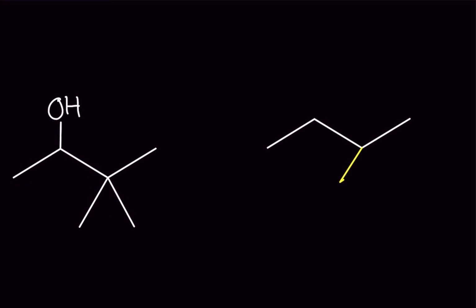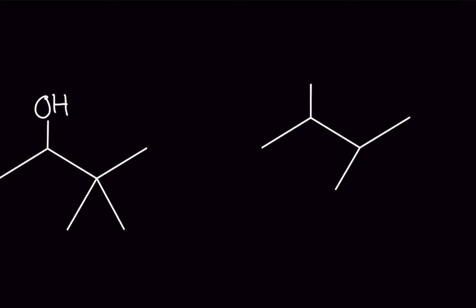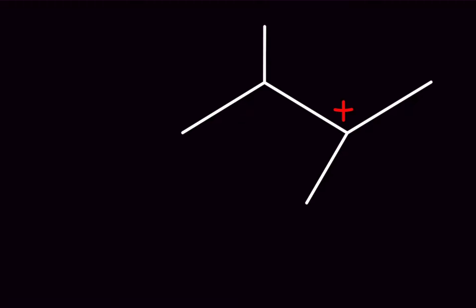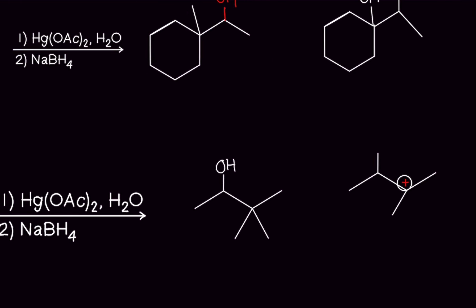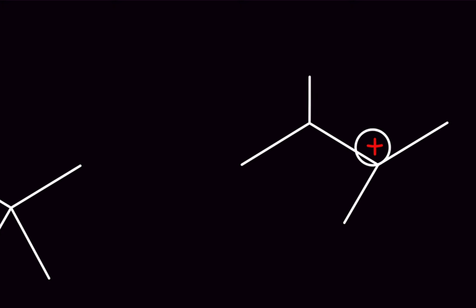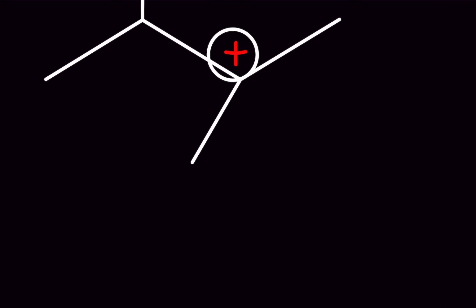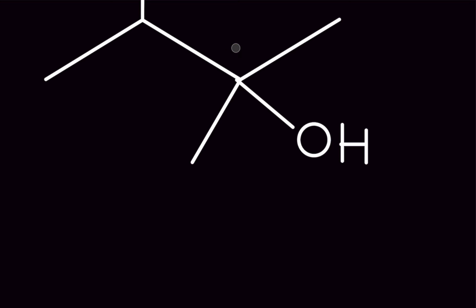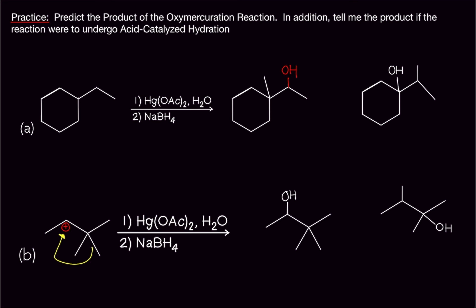Actually, let me redraw that. Like I said, the methyl group now goes here, like that. We are left with a carbocation here, where we transferred it to this carbon. And I said that the OH group goes to where the carbocation is, or the more substituted carbon. Like that. And get rid of this. And that is our answer for acid-catalyzed hydration.